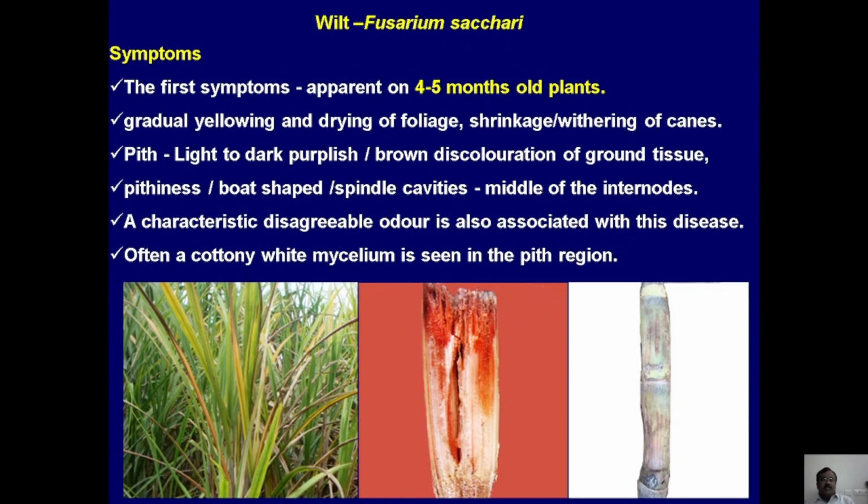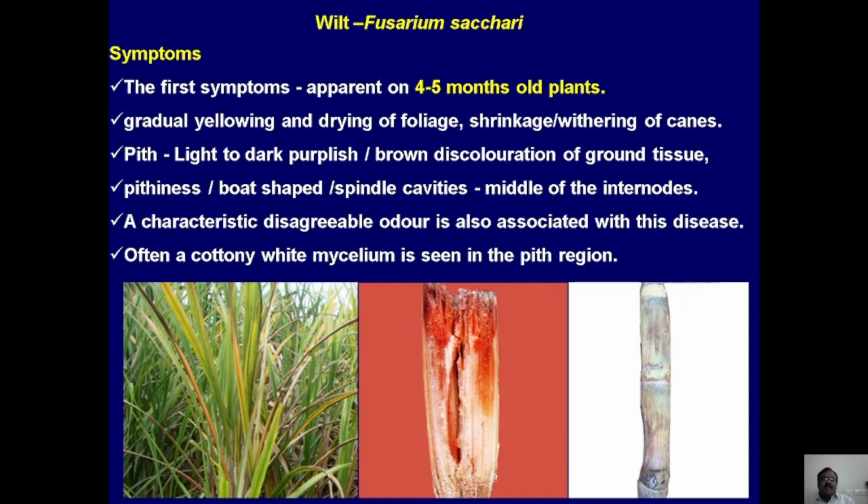And then the wilt disease caused by Fusarium sacchari, which first appears in crops that are 4 to 5 months old. Gradual yellowing and drying of foliage, and shrinking or withering of canes are the noticeable symptoms.